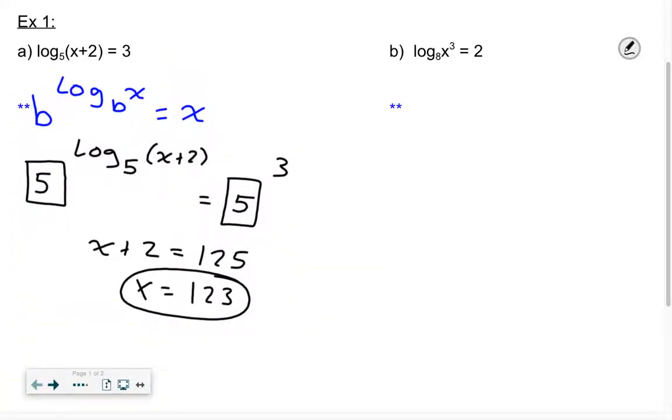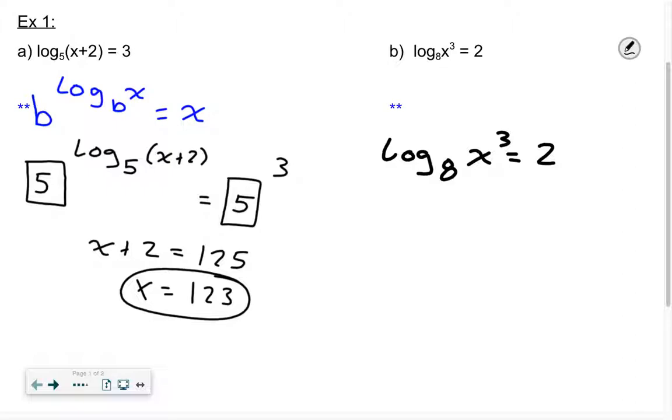Let's go ahead and look at part B. We have log base 8 of x raised to the third power is equal to 2. Step number 1, it's what we typically do.